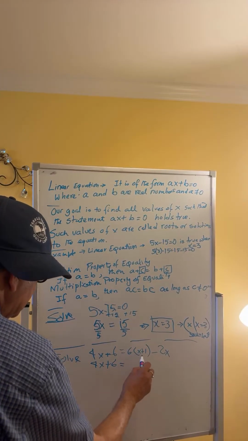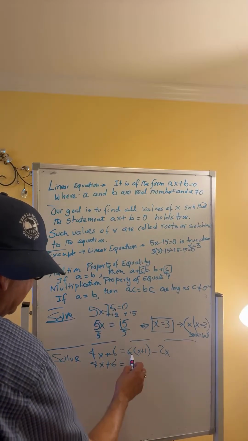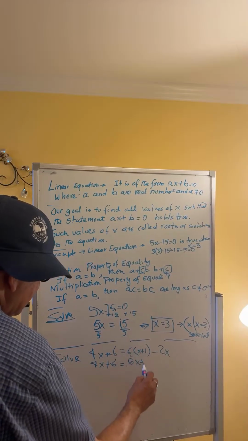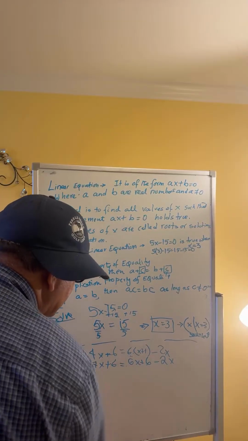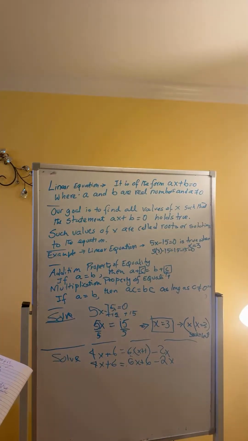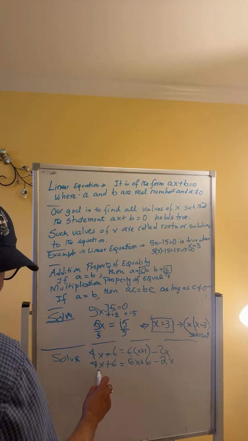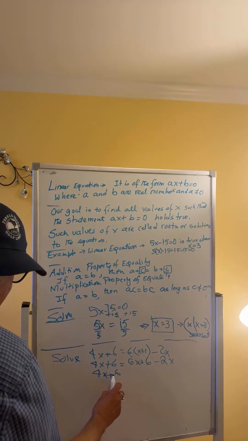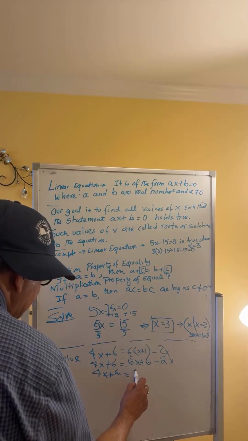We'll distribute the 6 to the first term on the right: 6 times x plus 6 times 1 is 6x plus 6, minus 2x. Now we will simplify the right hand side. 6x minus 2x is 4x, so we get 4x plus 6 equal to 4x plus 6.